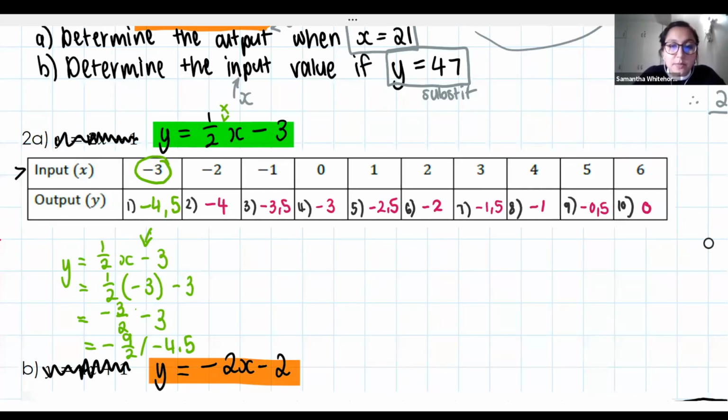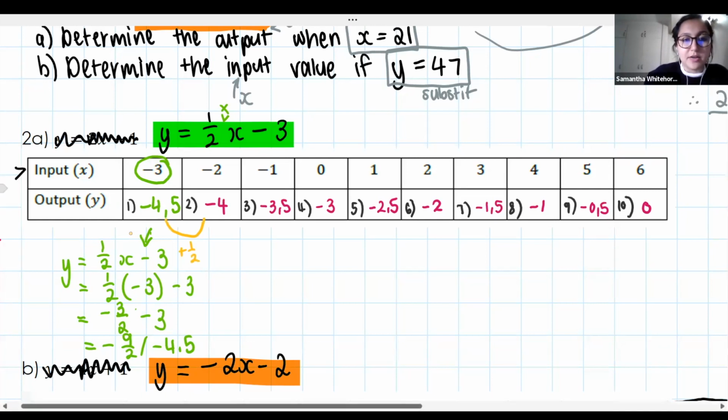Okay, guys, while you're copying that down and checking those answers, remember this is through substitution, like I did there in green. But hopefully what you can see as Bunola was reading out those answers is that there's a pattern. If we add a half to -4.5, we get -4.